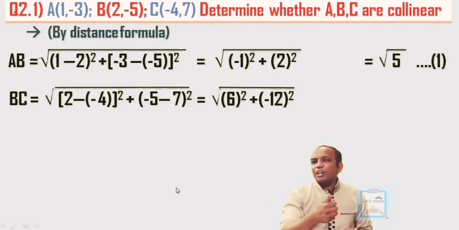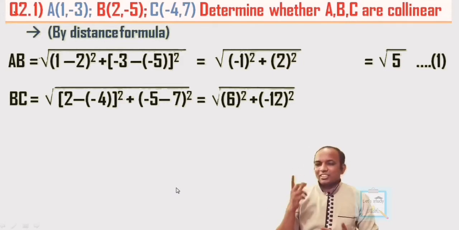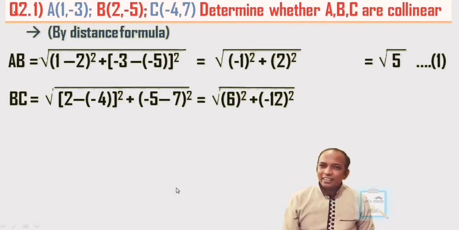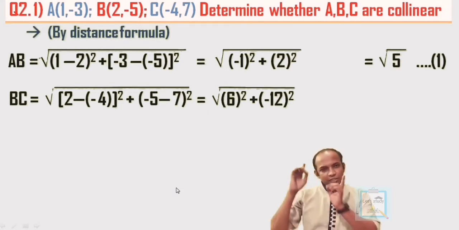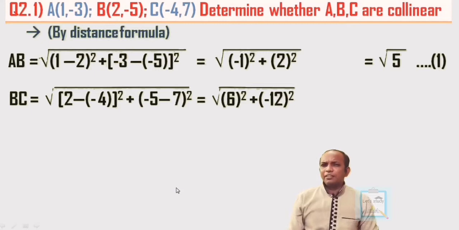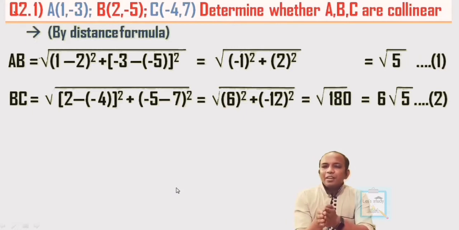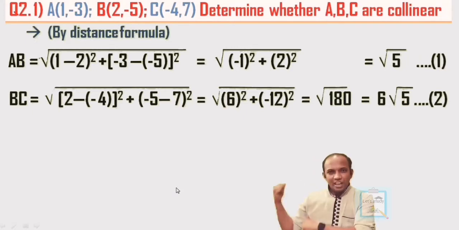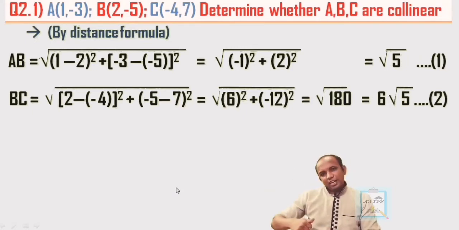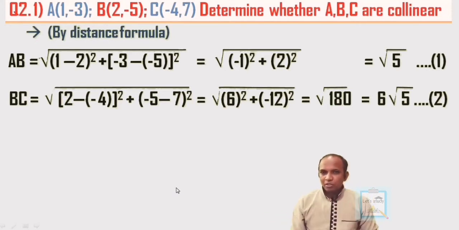For the second bracket, negative 5 minus 7, we have to add them and put the bigger number's sign, that results in negative 12 the whole square. After that, carry out the squares, you get 36 plus 144, right? After adding them, that results in 180, so we have under root 180, and that gives the answer 6 under root 5, number it 2.